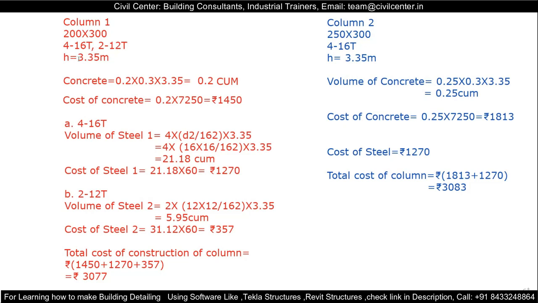The length will not be just 3.35 meter, it will be more than that, because the lap length is not considered here, and also the L is not considered over here. So that will add 1 meter for the lap length in each bar and 1 meter for L in each bar. So you can see now how you are saving the money by just making a little calculations over here.